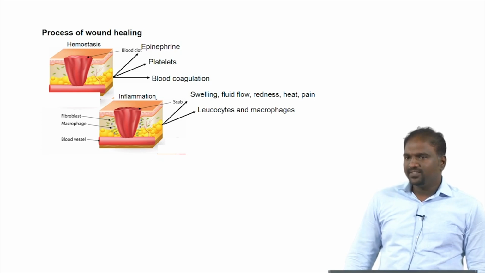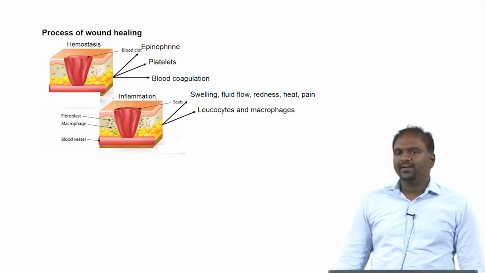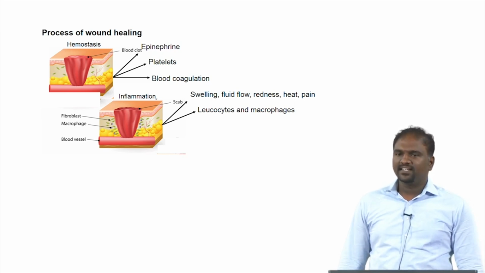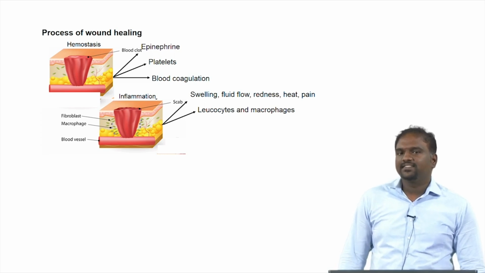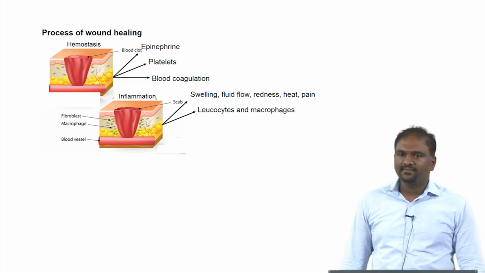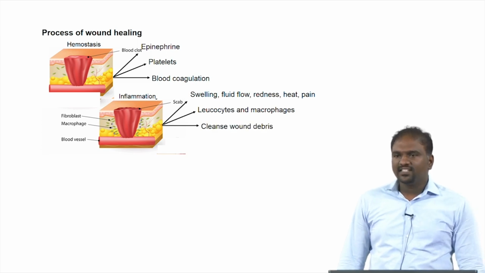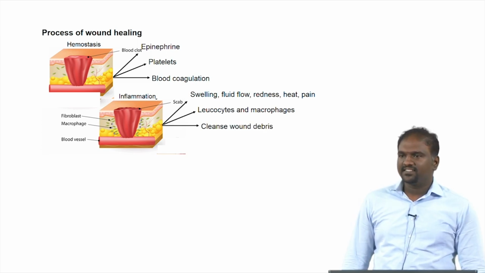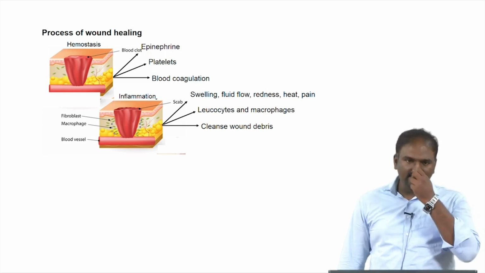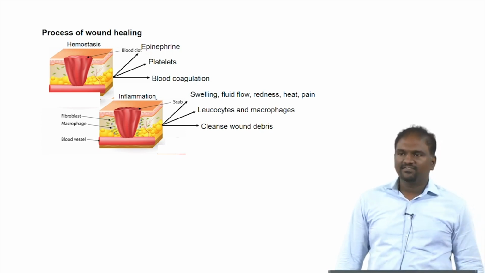When there is a wound, foreign particles try to invade the body, so leukocytes and macrophages develop at that site. The first mechanism is by leukocytes, which are then replaced by macrophages. The macrophages cleanse the debris of the wound.